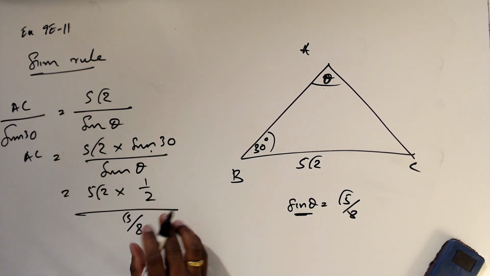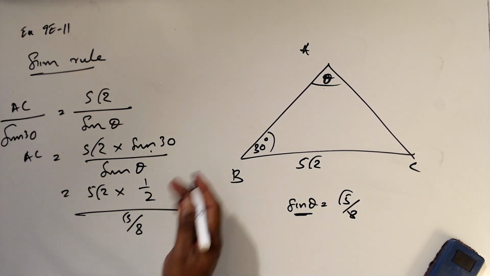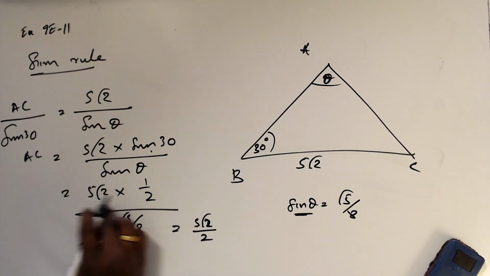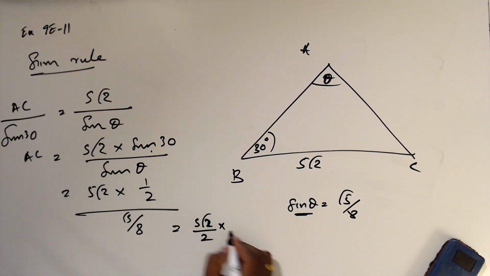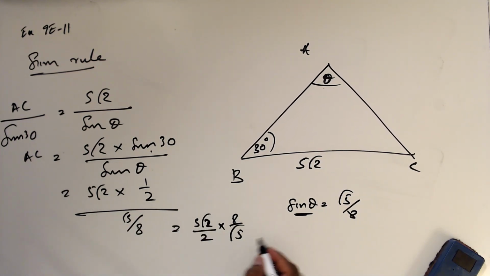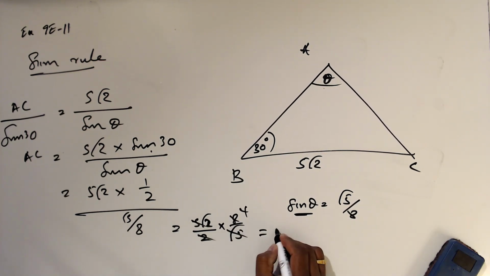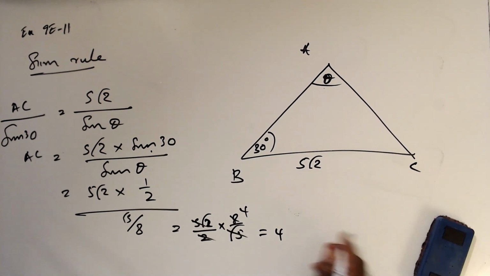So when you divide, this will become 5 square root 2 over 2, and multiply by 8 over square root 5, right? Then this cancels out. This is going to be 2 and this is going to be 4. This is going to be 4 square root 2.